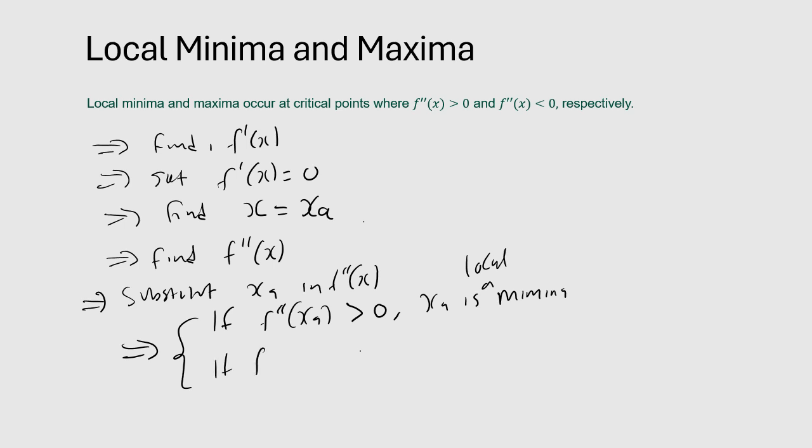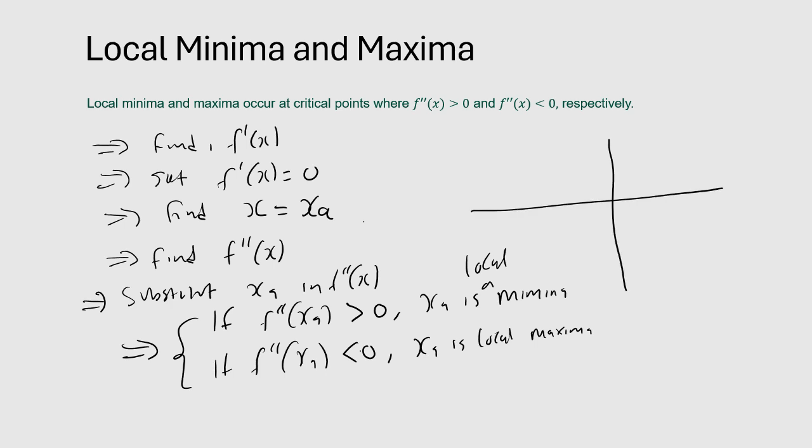And if f prime prime of xa is less than 0, then xa is a local maxima. For instance, you have a graph like this. At this point the second derivative is less than 0, and here it is greater than 0.